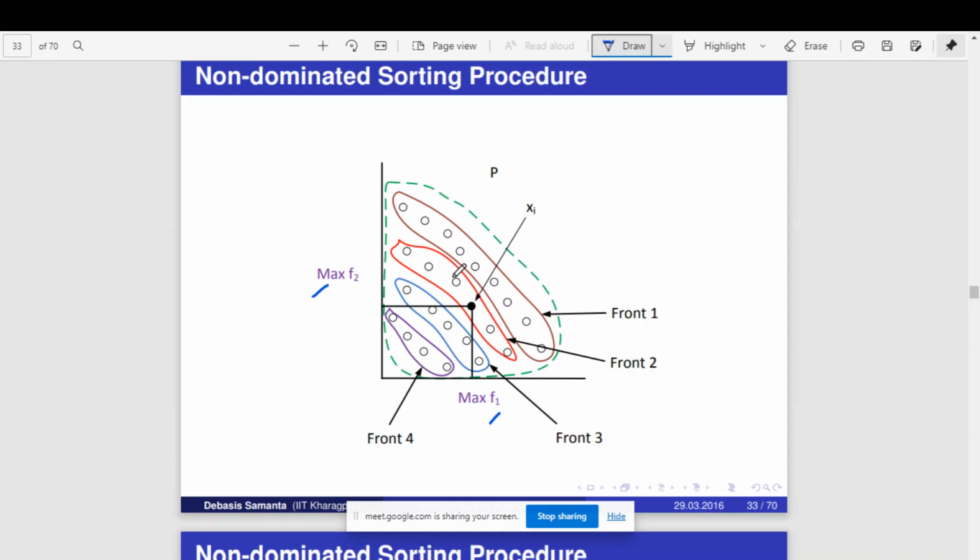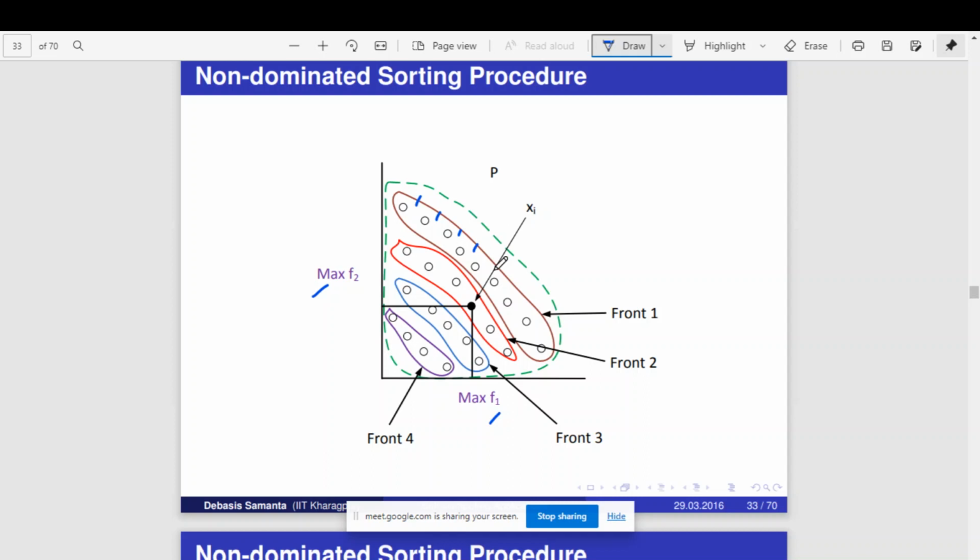This is the entire population. Here there are four fronts marked: front 1, front 2, front 3, front 4. With this you can say which one will have rank 1. What will be the rank of all these individuals in front 1?